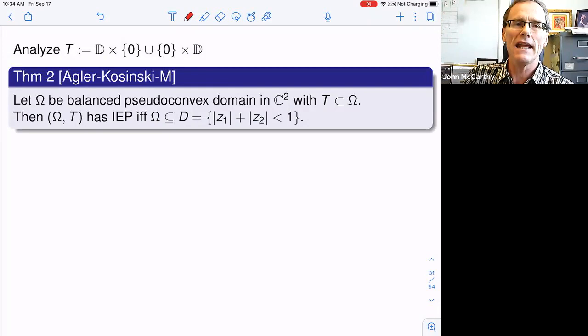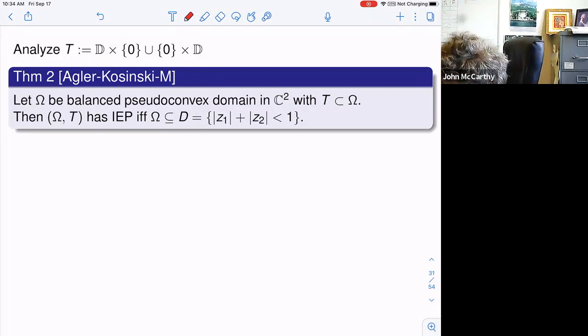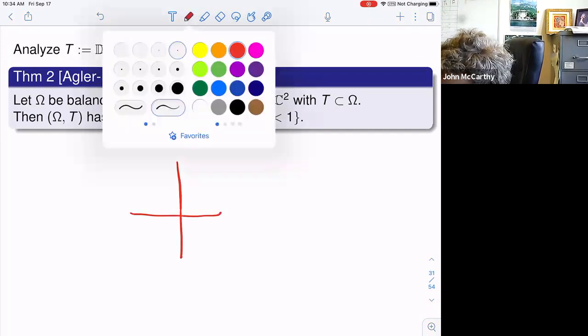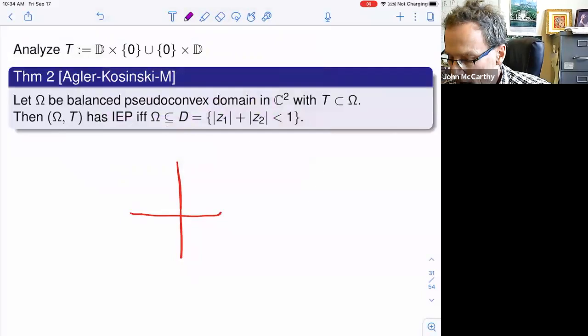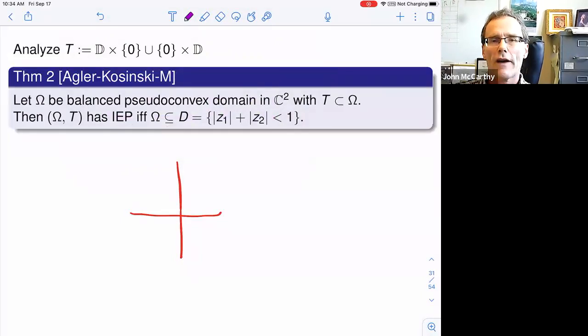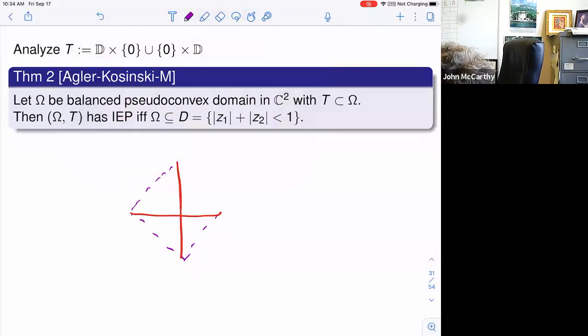If I take the 2-cross disks here, let's make it a bit bigger, if omega is any balanced pseudo-convex set containing these 2-cross disks, then it has the isometric extension property if and only if it's contained in the diamond. So the diamond is this kind of envelope here.